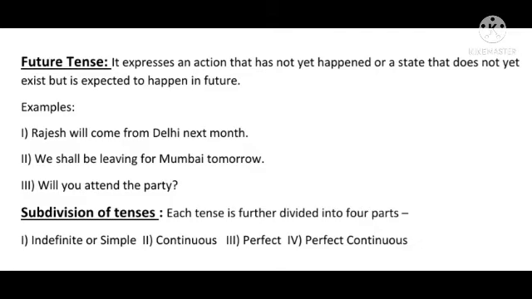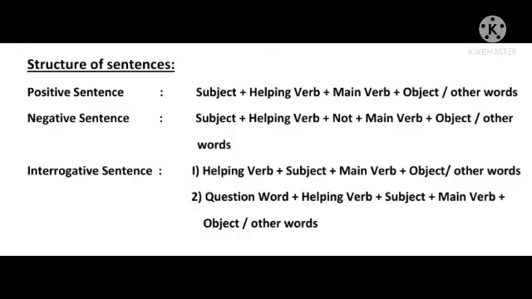Children, we can classify each tense into indefinite or simple, continuous, perfect and perfect continuous tense. Now before we study the rules of tenses, let's have a look at the structure of sentences. Children, you must learn these structures.